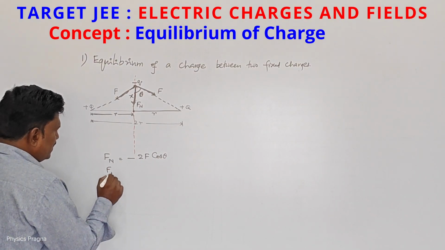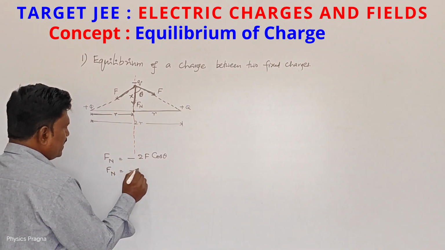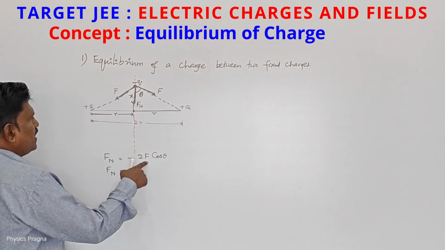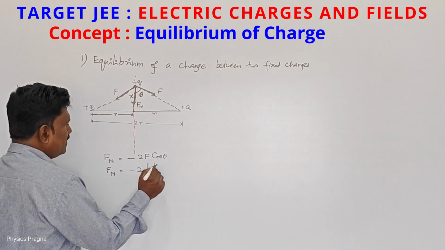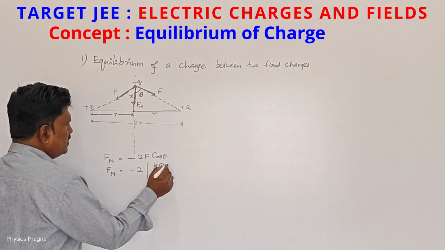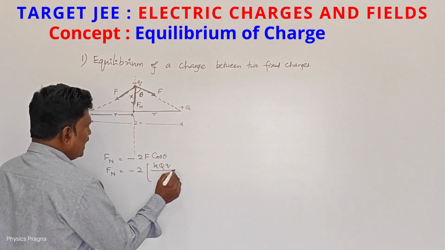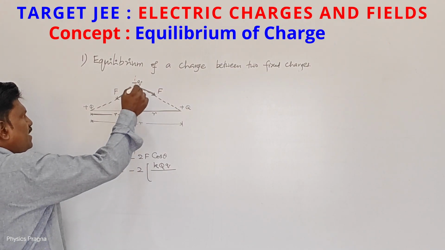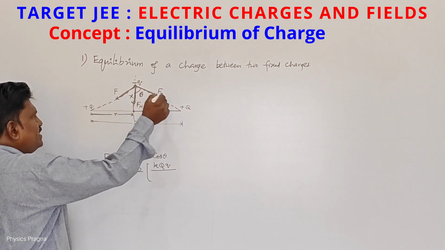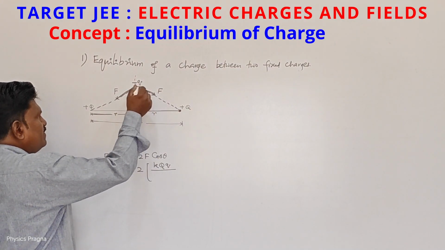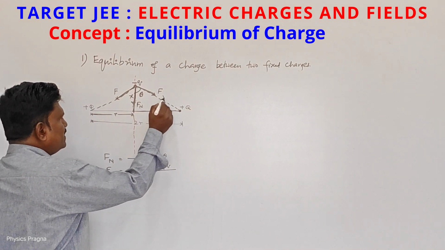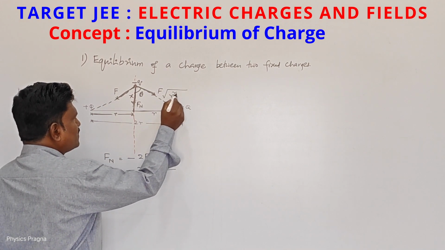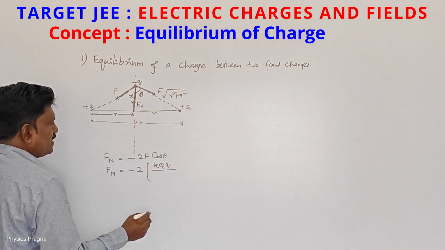So Fn is equal to, I will write the formula for F here. The F formula is K capital Q small q by r square, where r means the distance between the charges. This is x, this is r, so the distance is root of r square plus x square.